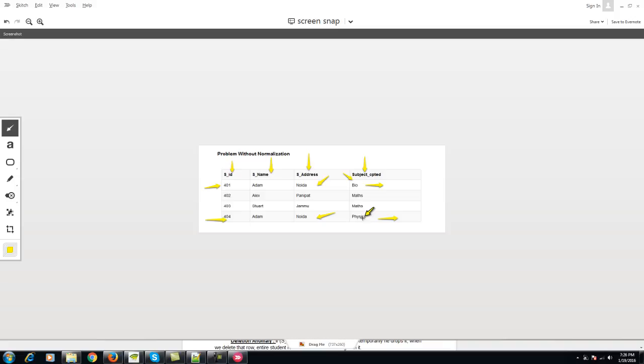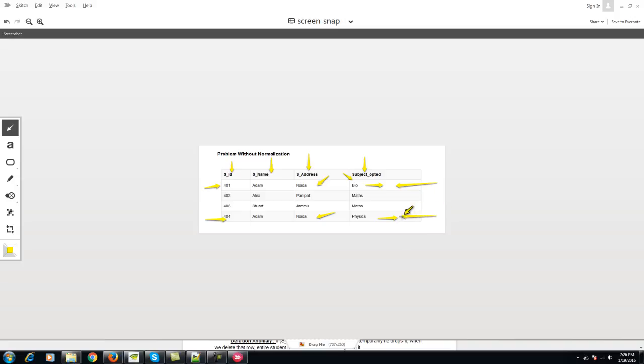So what is the typical problem with this structure? Say for example you wanted to update the address for Adam. What will happen if Adam has moved from Noida to another location like Bangalore or Chandigarh? All the rows available in this table for Adam have to be updated.